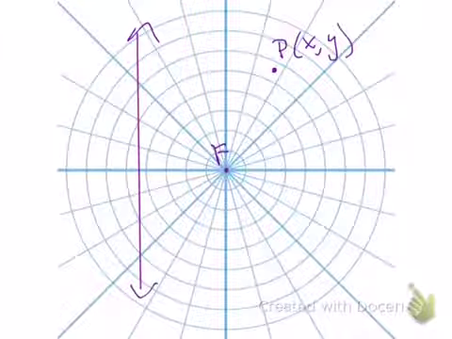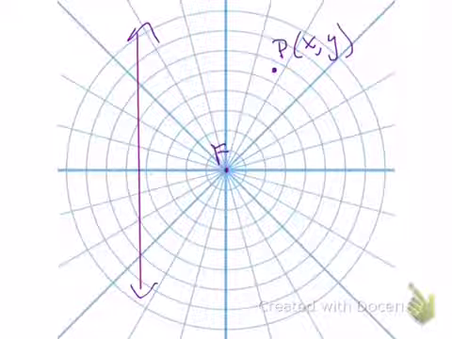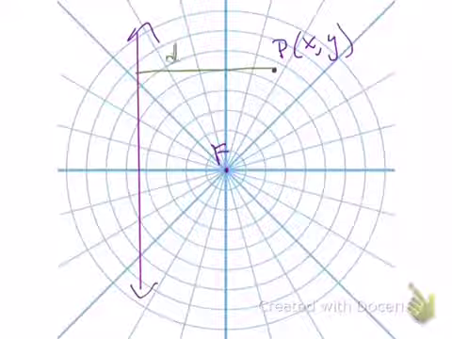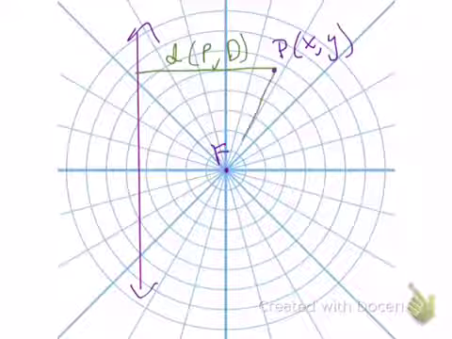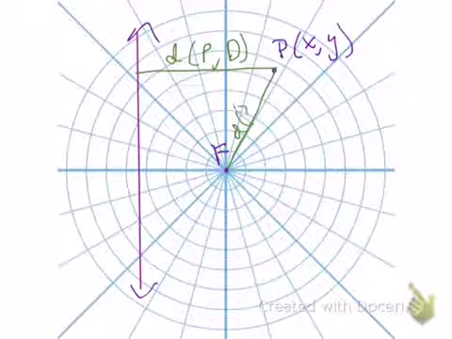So remember, what we're looking for is we're comparing the distance from the point to the directrix, that's here. So point to the directrix. And then we also need to know the distance from the point to the focus, and that's this one. So point to the focus.